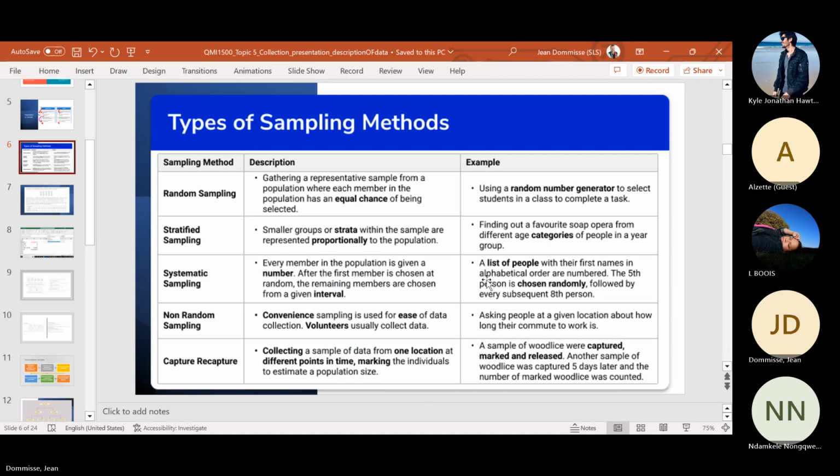They won't ask you to do a random number generator on Excel. Again, that's not going to make any sense in how they evaluate your answers. But sampling techniques or methods is very likely to be in the form of a definition.